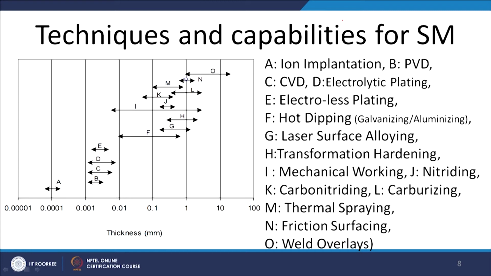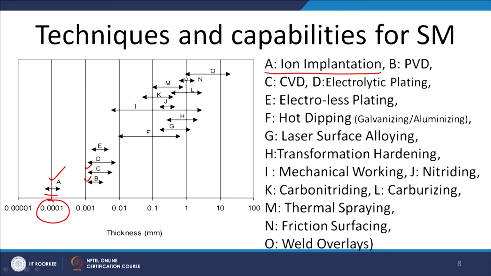Here we can see A, B, C, D indicating the processes, and the double sided arrow shows the range of thickness which is normally achieved during the surface modification.